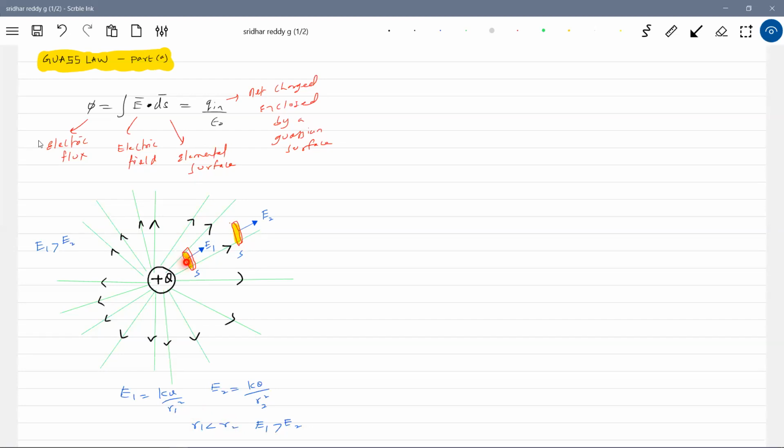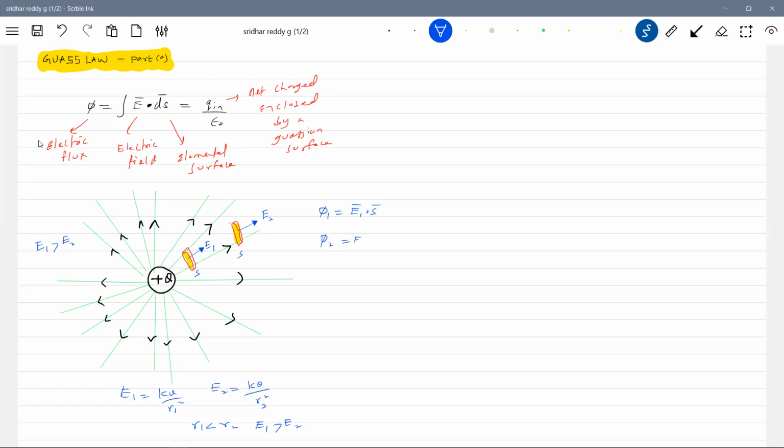Now, rather than saying how many lines of force, I just say what the electric flux is here. What is electric flux? E1 into S. What about electric flux here? E2 into S. Like this, we define it. Now, the electric field strength is more at this point. So we define the flux: flux at 1 equals E1 bar dot S bar.